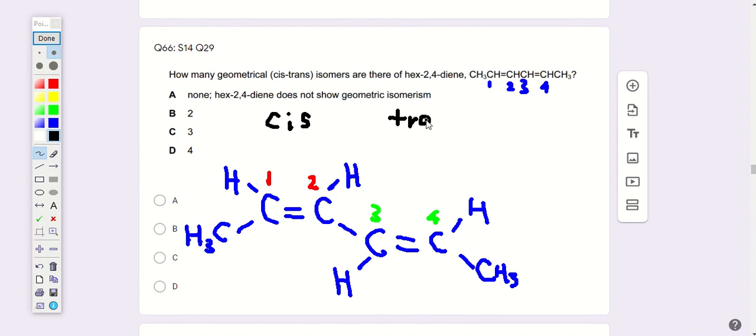Correct or not? Now, if I draw a different structure and change the position, I can get cis here and also cis on the other double bond. Or I can have trans and trans. Or I can have trans and cis.